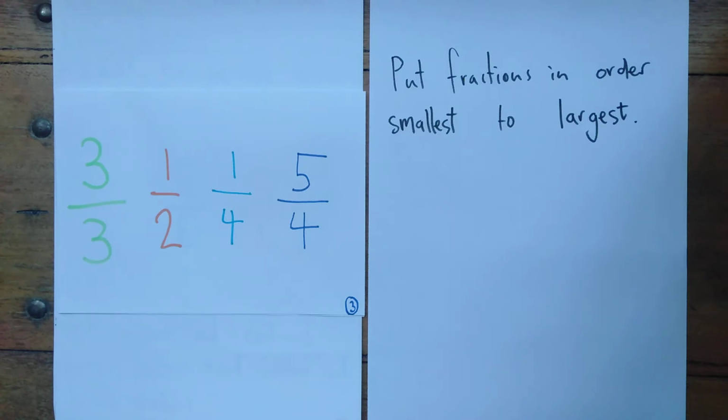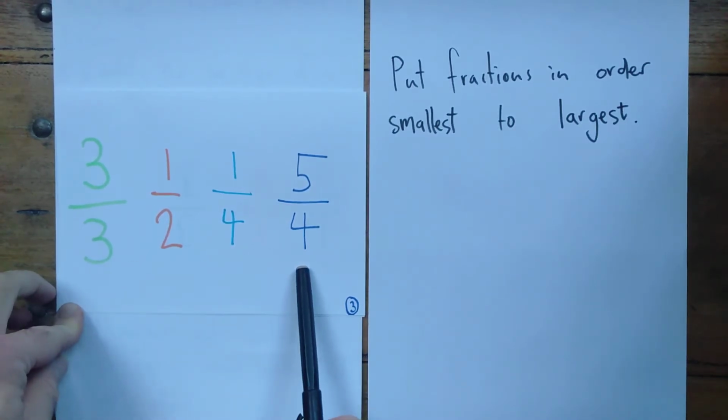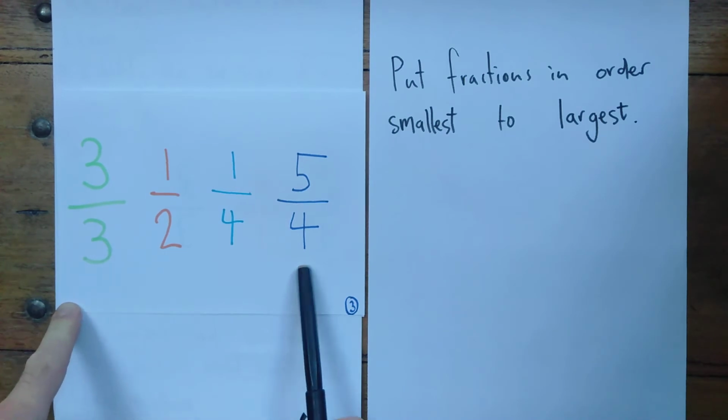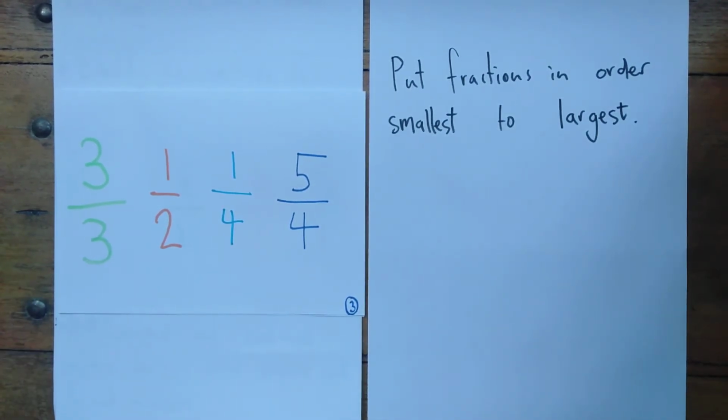All right. If you're completely stuck, then I suggest what you do, building on the skills from last week, is draw a picture to represent these 4 fractions. With a picture, it will help you put them in order from smallest to largest.